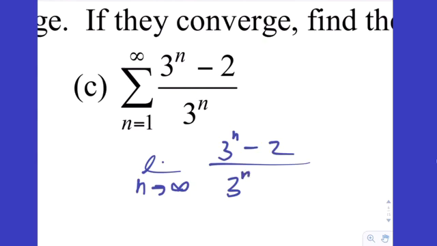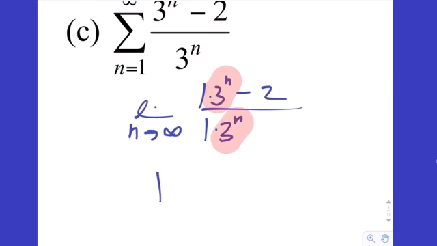You could split it up and do it that way, but again, notice you have 3 to the n and 3 to the n. Those are both exponentials, and not only are they both exponentials, they're the exact same base. So this would be another case where it's leading coefficient over leading coefficient, which is 1 over 1, which is 1. So does 1 equal 0? No. So this series is going to diverge.